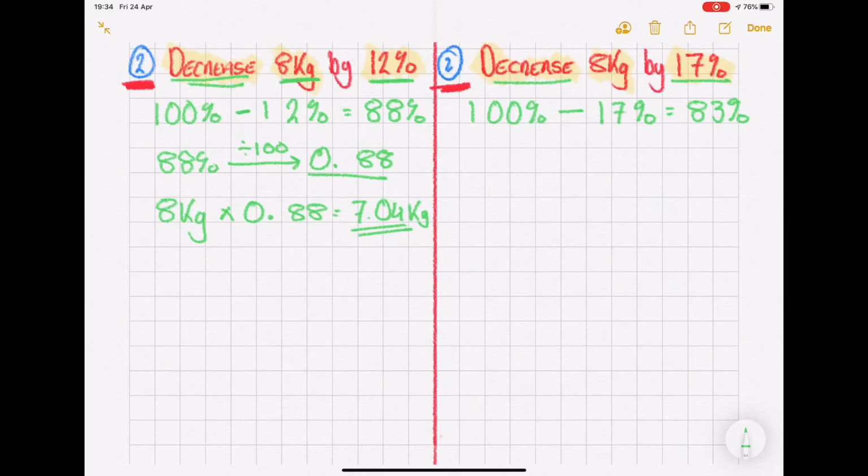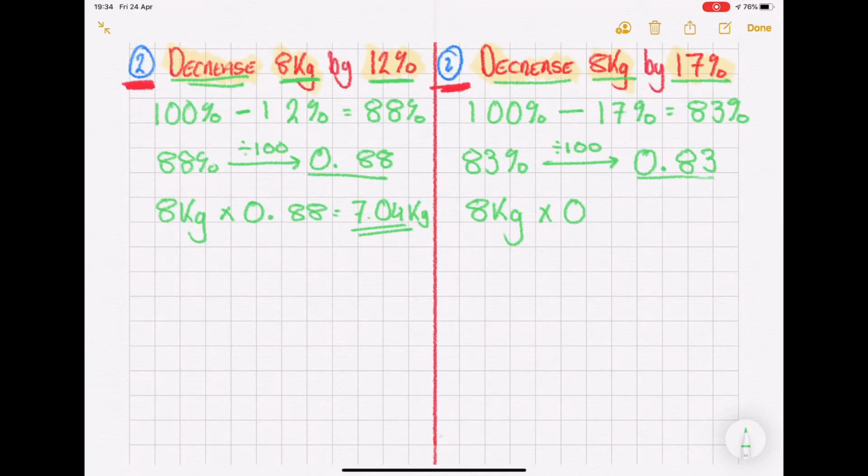Now I need to find my percentage multiplier. So 83%, we're going to divide that by 100. And that gives me 0.83 as my percentage multiplier. Now we're going to take our amount, which is 8 kilos, and we're going to times that by our percentage multiplier.